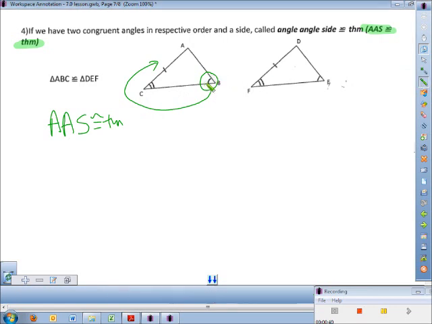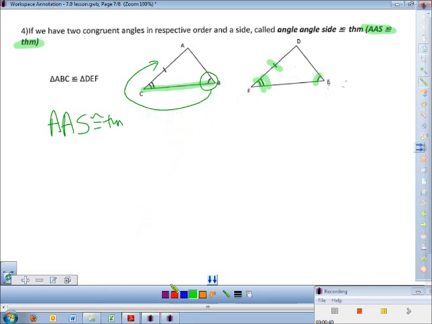I had this arc mark, and then notice I skipped this side. It didn't have a mark on it. So I skipped one thing, and then I got to this angle, and it does have markings in it. So it's not like I skipped two things in a row. I went angle, skip, angle, side. Angle, angle, side. So that's another way to prove triangles congruent.